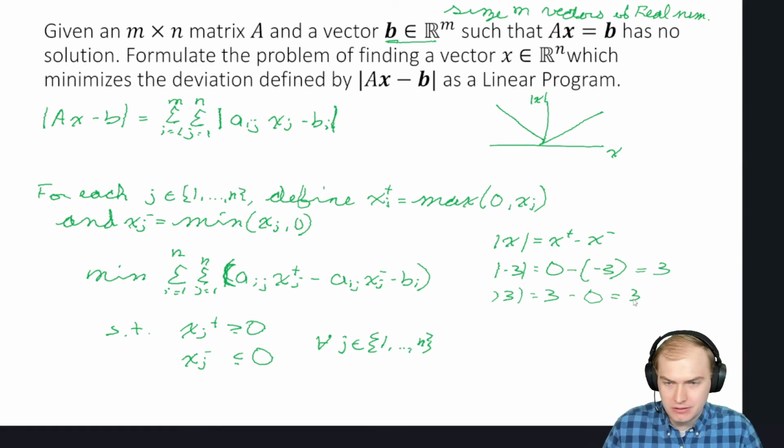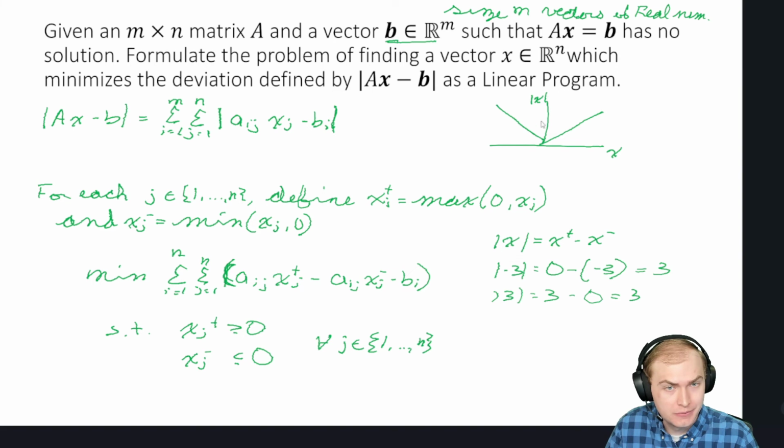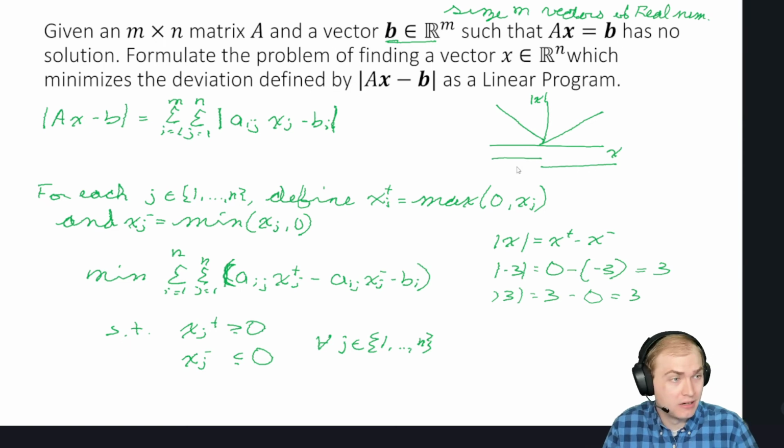So what we've done is, by altering the domain of our absolute value and restricting it, and saying this domain is going to be one function and this domain is going to be another function, we have created two linear functions out of one that's not linear.